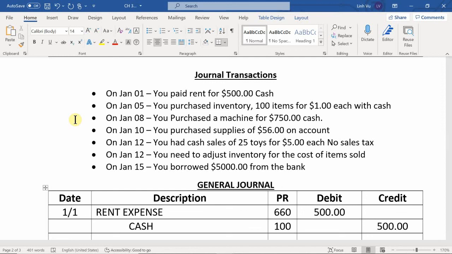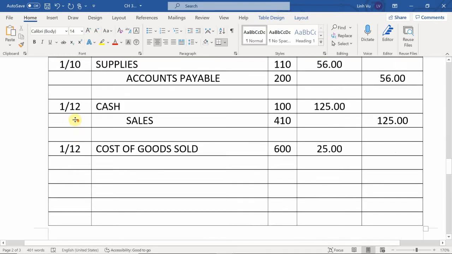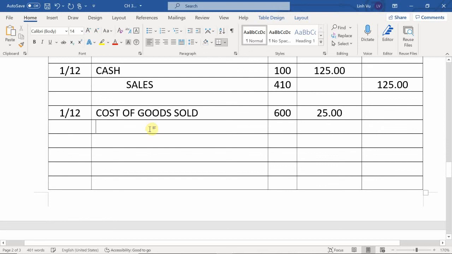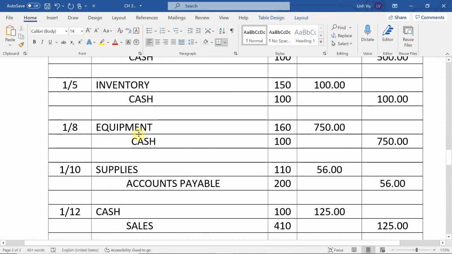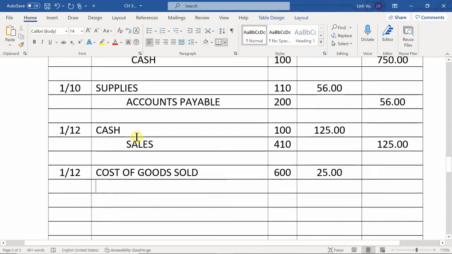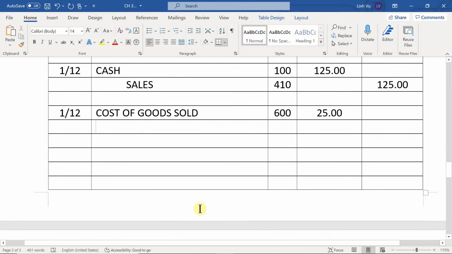So you go with 25 down on credit. Good, I'm decreasing. What am I decreasing? The inventory. Yes, excellent. You're decreasing inventory because you got rid of 25. You need to put in your books that you're taking $25 out from your inventory.